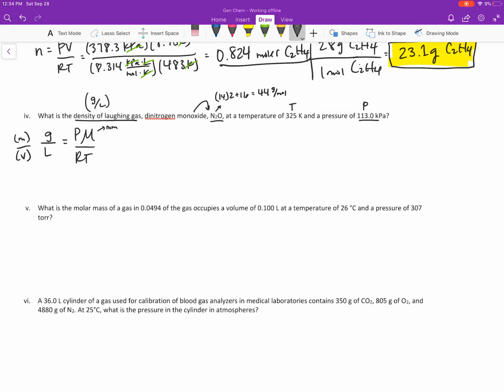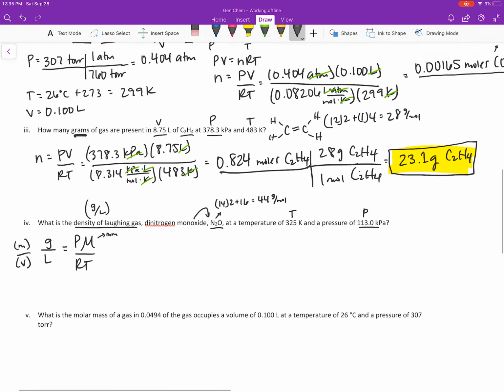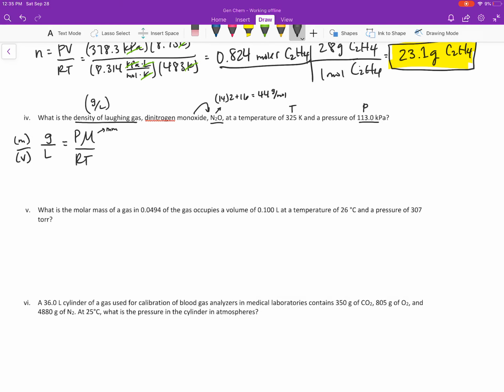So it has the same molar mass as our C2H4 did, our CO2 did up above. Okay, so now I'm just going to plug everything in. My pressure, I'm going to go ahead and leave it at 113 kilopascals, and I'm just going to use the R constant that matches. So now I'm going to have 8.314 kilopascals times liters divided by moles times Kelvin.